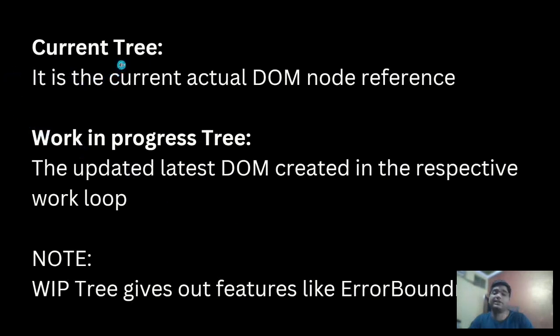Now there will be two trees: the current tree and the work in progress tree. The current tree is responsible for what you are actually seeing on your DOM right now. The work in progress tree is what you work on when your current tree is getting updated, so it's like a copy which you are creating.